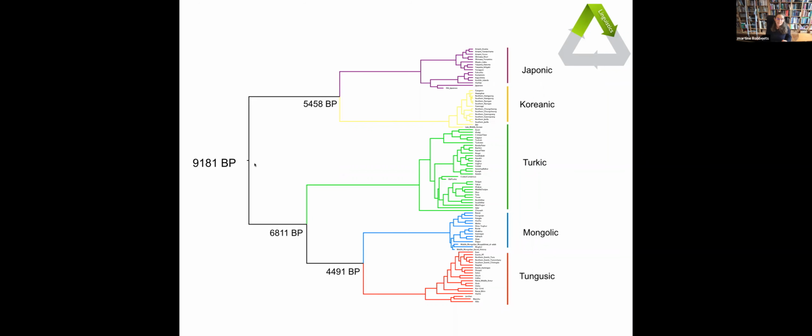So we find that our Proto-Trans-Eurasian ancestor, which was spoken about 9,000 years ago, first split into a Japano-Koreanic group and an Altaic group. Altaic, that is a unity of Turkic, Mongolic, and Tungusic. And from these Altaic languages, Turkic was the first to split off.